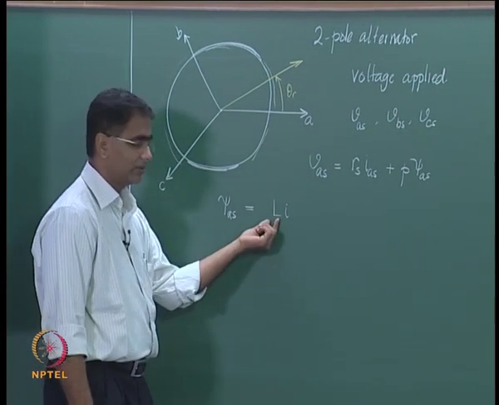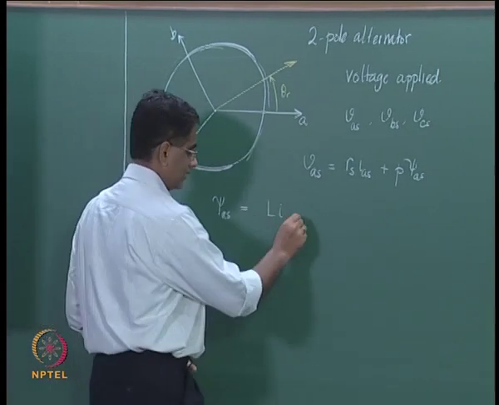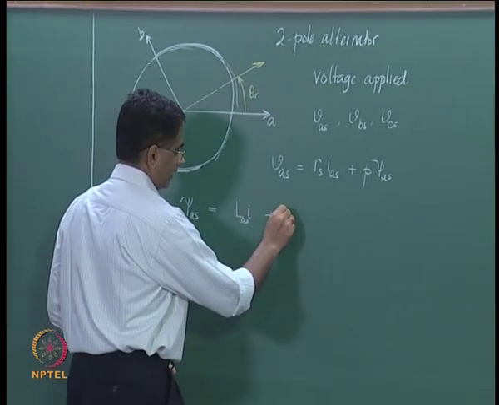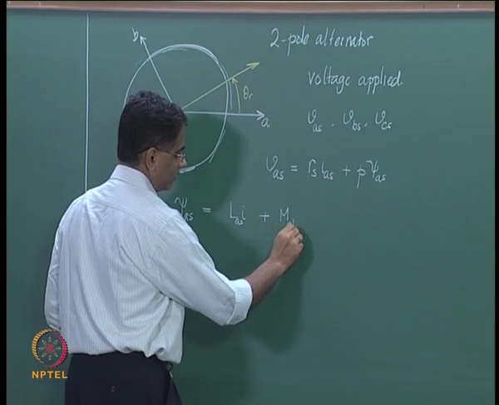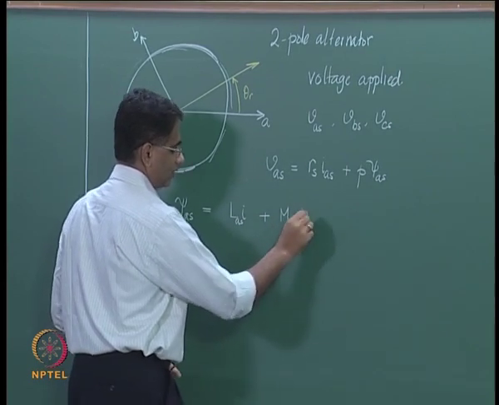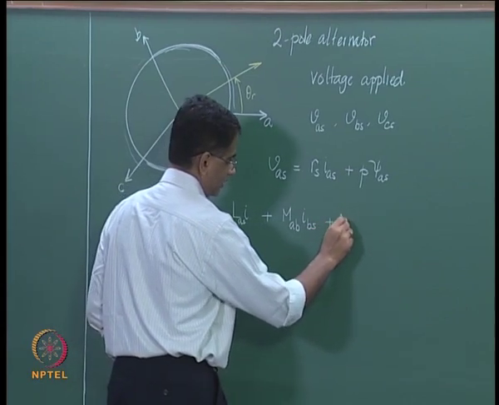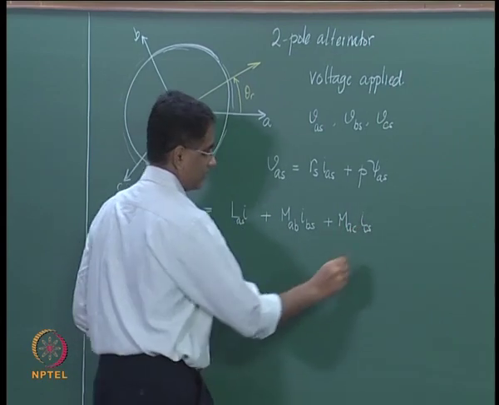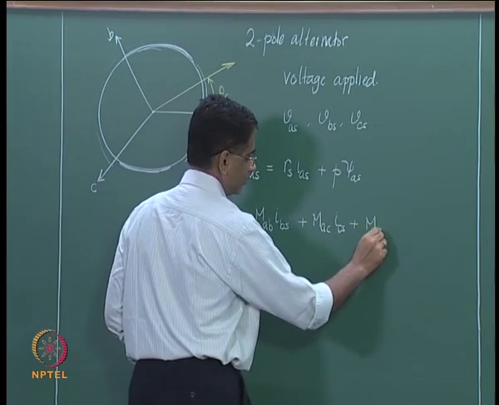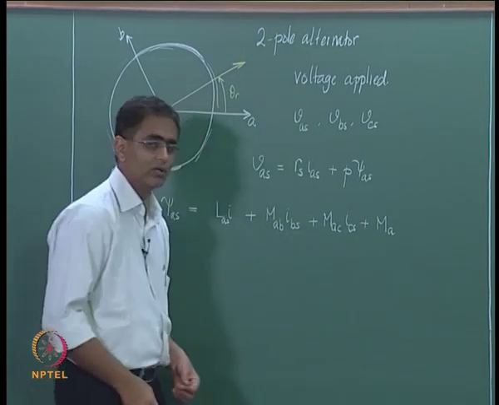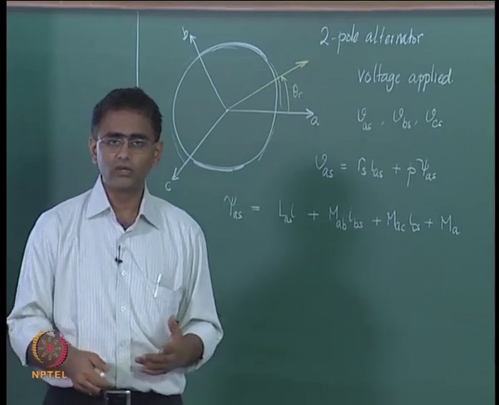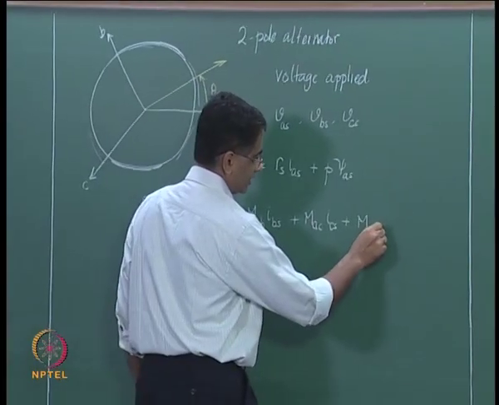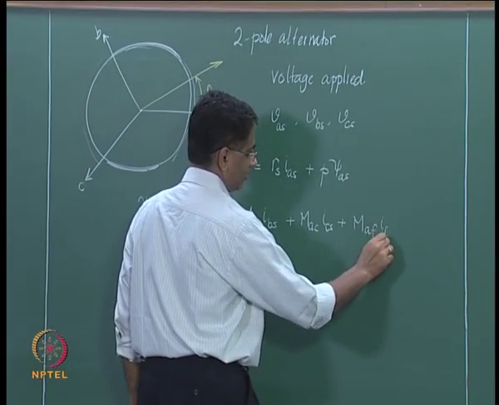So, self inductance, let us call it LAS, multiplied by current flowing in the A phase, and then mutual inductance between A and B multiplied by the current flowing in B phase, plus mutual inductance between A and C multiplied by the current flowing in C phase, plus mutual inductance between A phase and the rotor. We will call the rotor the field winding, that is the normal nomenclature used for synchronous machines. So we will put that as MAF multiplied by IF.